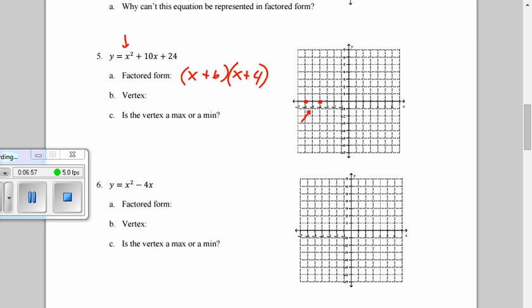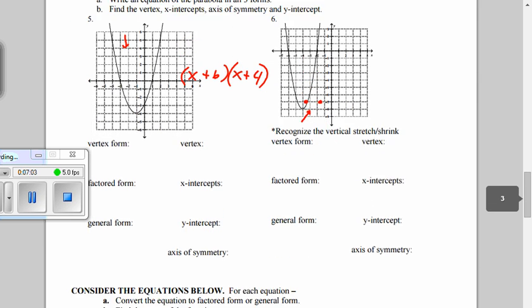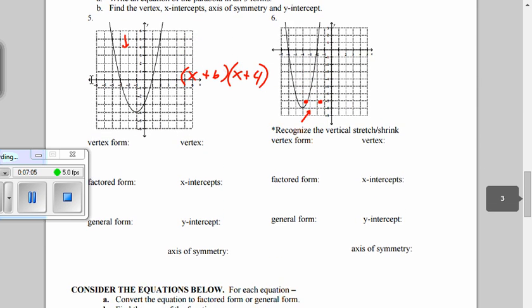All right, anyway, I decided not to have people do number 5. But we definitely need to do this kind. So I'm assigning number 5 down here because I'm going to do some of it with you. But then you're going to have to do number 6 at home alone because it's got a stretch factor.